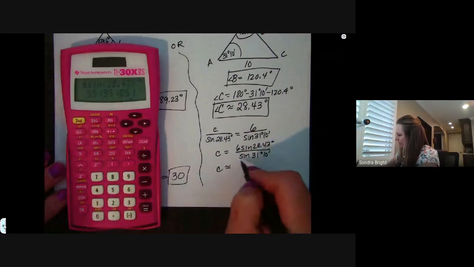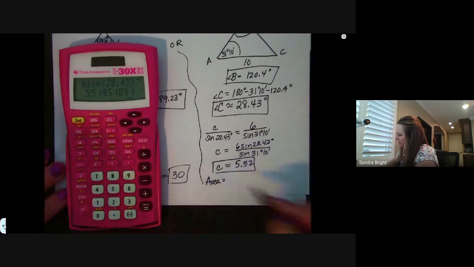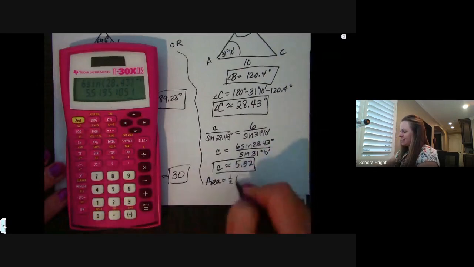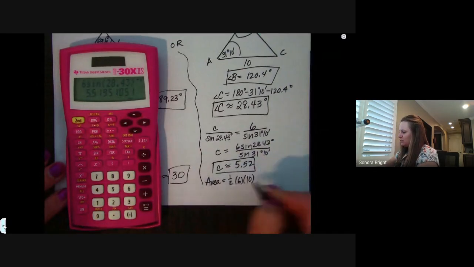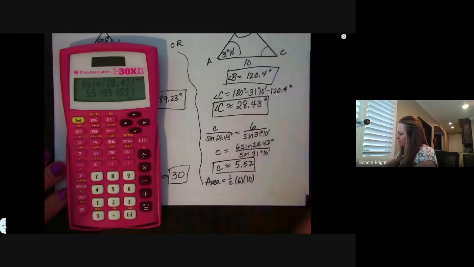There we go. And now the area of this guy would be 1/2 times 6 times 10 times sine of angle C. Sine of angle C was 28.43.